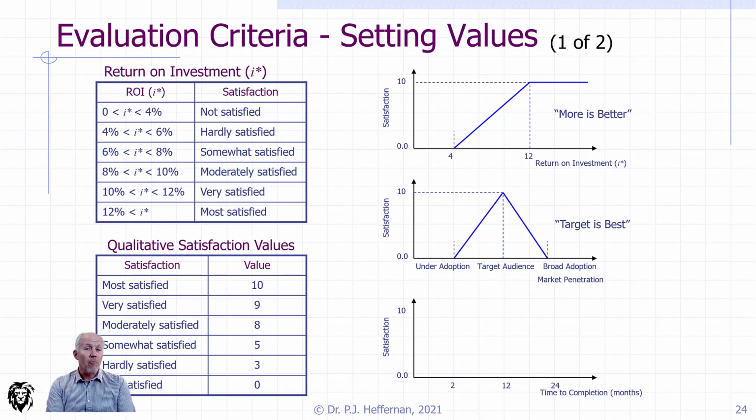Matter of fact, maybe you don't want to broadly spill outside of it because now you're just competing with yourself. Maybe you already have the market share outside of that target audience. And so you want to stay fairly constrained to that. And so you set up your assessment criteria to give you a very strong value if you're tightly hitting that target audience, but you're going to drop off on either side of it if you're missing it.